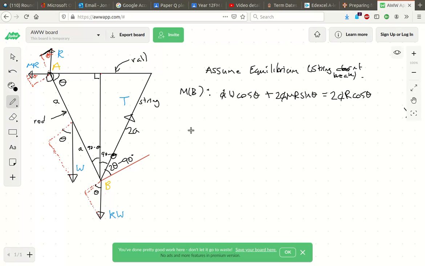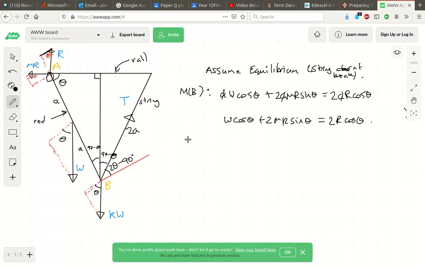At the end, of course, I'm actually going to assume that the ring is slipping, which means that this equation will turn into an inequality. But let's just simplify it first, and we're going to get W cos theta plus 2 mu R sine theta equals 2R cos theta.